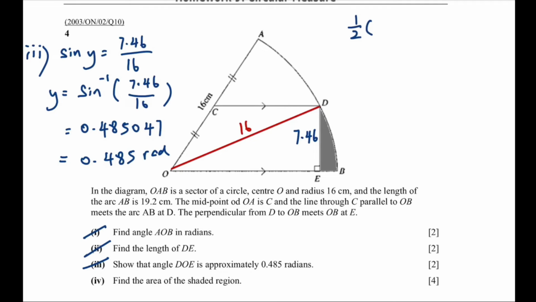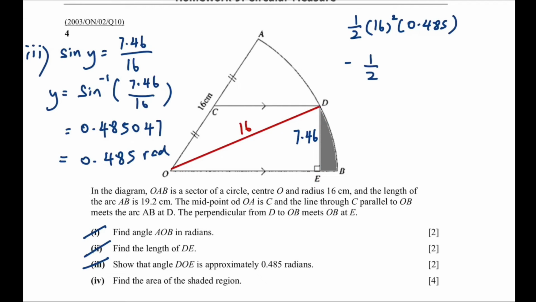Area of sector, 1/2 r squared theta. R is 16. Do we know the theta here? Yes, 0.8485. Area of sector minus area of triangle. For the triangle, you can find the base here, or you can find the angle here, so there are two ways. You can go for 1/2 height and base, meaning you need to find the length of OE, or you can use 1/2 ab sine C, but you need to find the angle here.